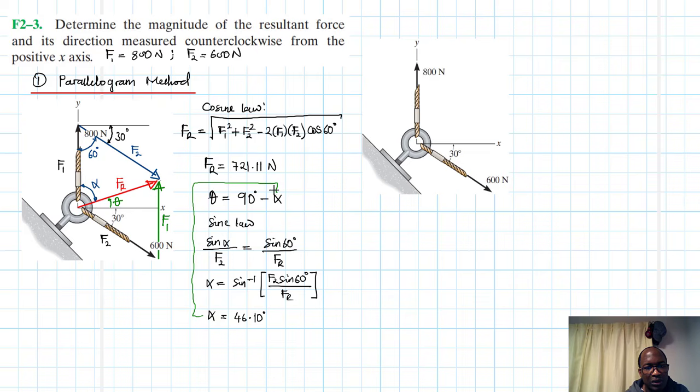Once we do so, we'll find that theta is just going to be equal to, as we are subtracting from 90, 43.90 degrees. Great. So we are done with the first method.